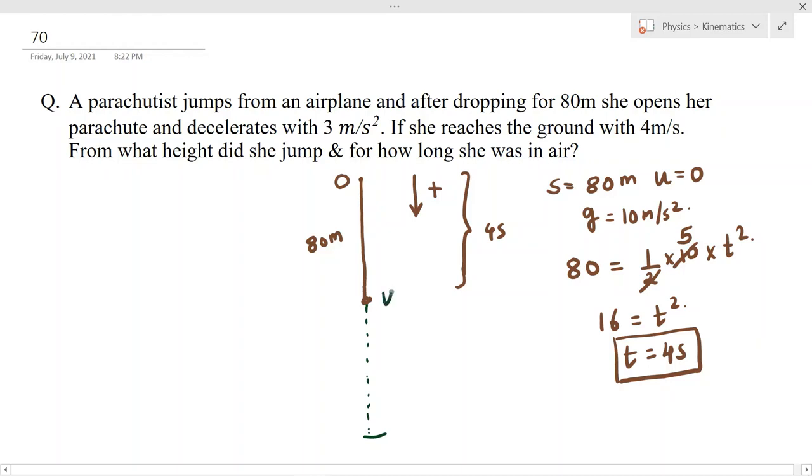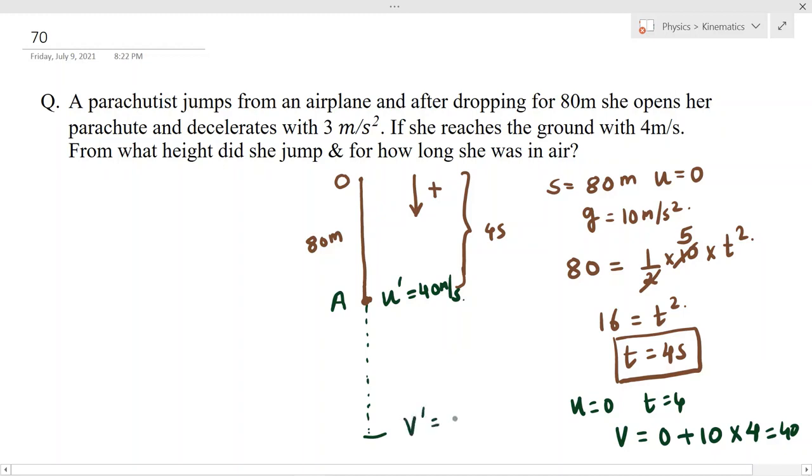Let's say that initial velocity is u dash. So u dash is nothing but the final velocity for the motion from, let's say, O to point A. So what is the final velocity in 4 seconds? U is 0, t is 4. So v is equal to u, which is 0, plus g, 10, into t. So this is 40. So this velocity is 40 meter per second, which is the initial velocity for the second part of the problem. And the final velocity is known, that is v dash is 4 meter per second. This is the final velocity.